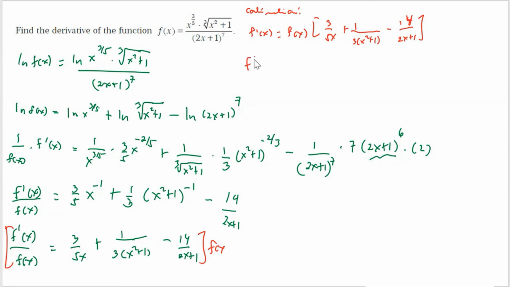Therefore, we have f prime of x is equal to x to the power of 3 over 5 times the cube root of x squared plus 1 all over 2x plus 1, the quantity of this raised to 7, times 3 over 5x plus 1 over 3 times x squared plus 1 minus 14 over 2x plus 1.